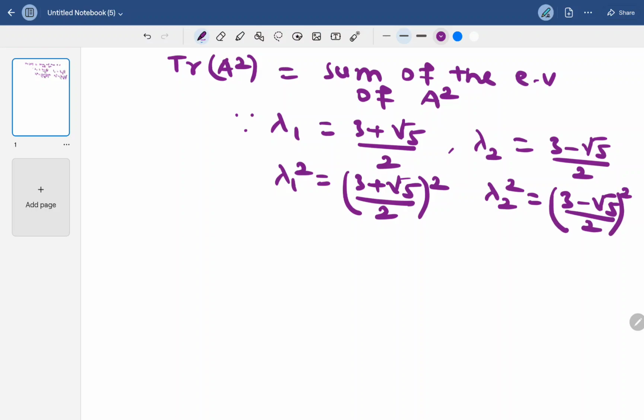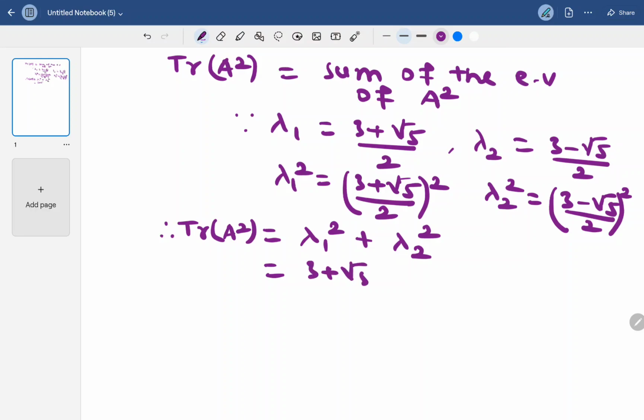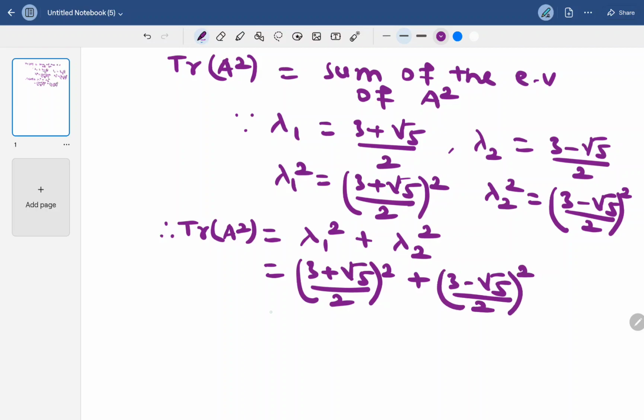Sum of the eigenvalues of A square is nothing but trace of A square. Therefore, trace of A square is nothing but lambda 1 square plus lambda 2 square. Just now we found lambda 1 square. The answer is (3 plus root 5) by 2 the whole square plus (3 minus root 5) by 2 the whole square.